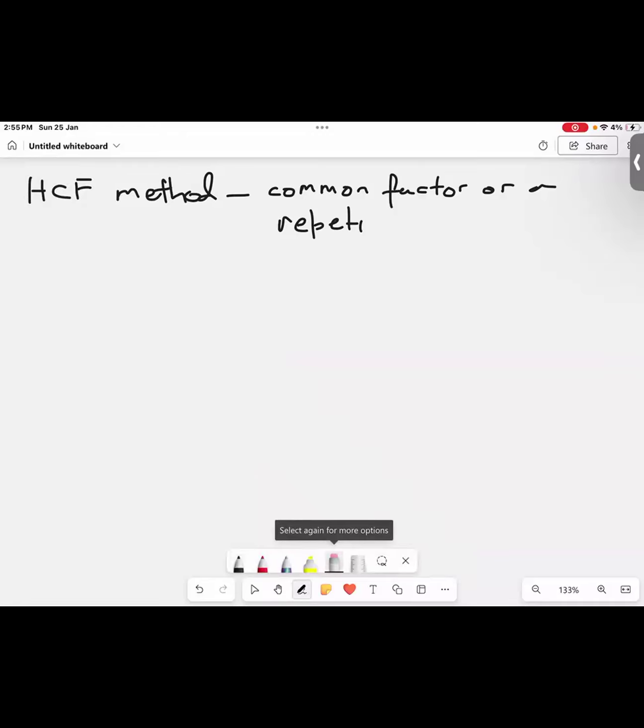So we know that the HCF method is required whenever there's a common factor, meaning there's a numerical value that can divide both expressions, or we have a term that is doubling up. It's repeating itself, so a repetitive term.